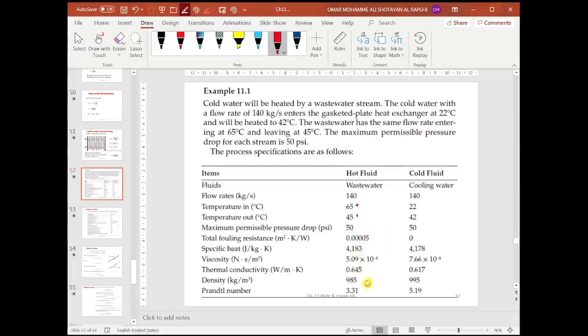And then the properties, specific heat, viscosity, thermal conductivity, density, and Prandtl number for both the cold fluid and hot fluid are given.